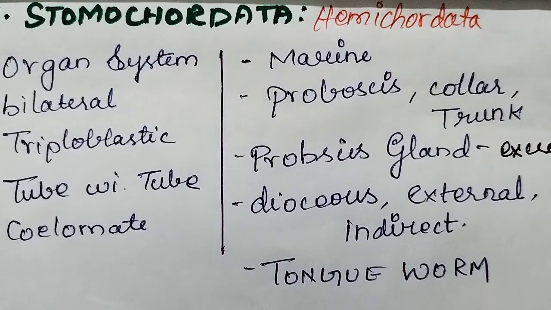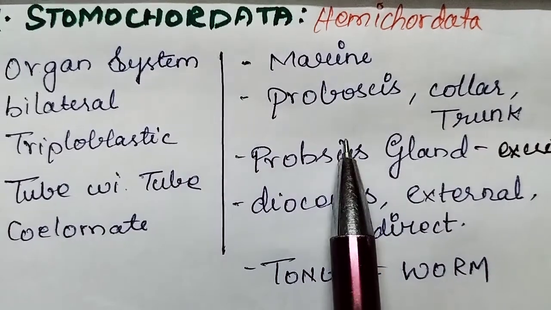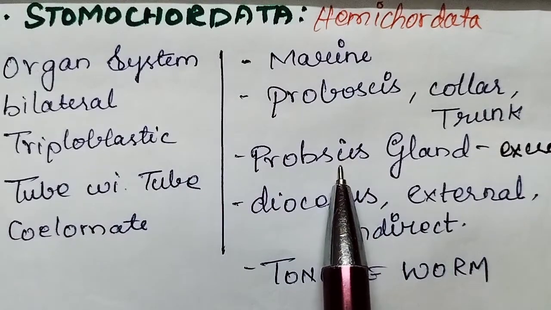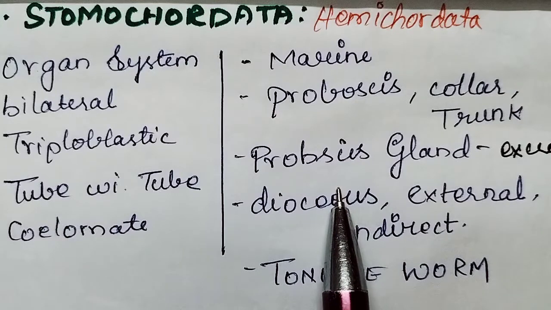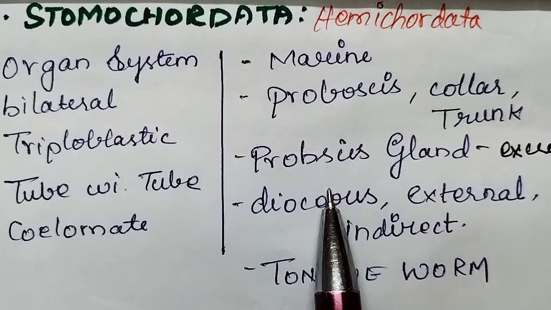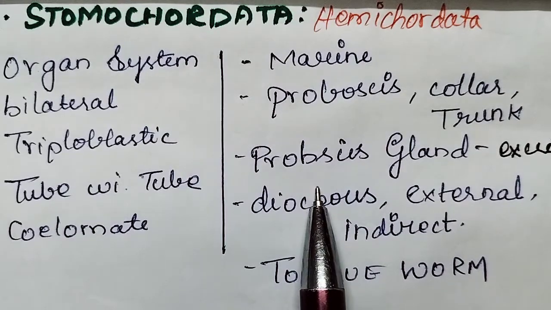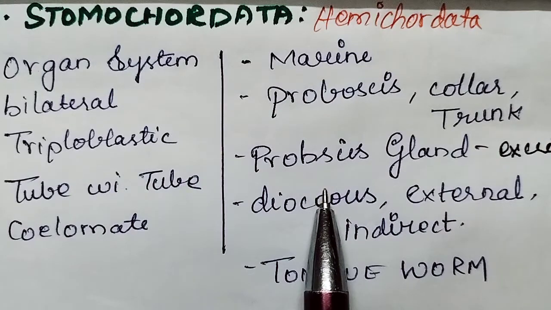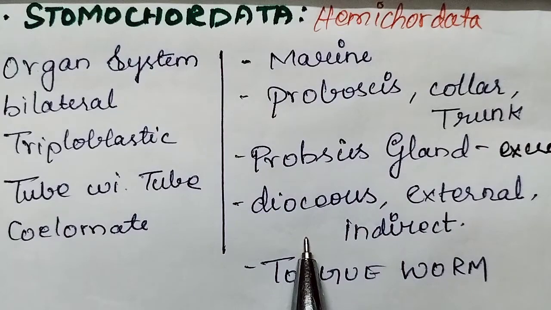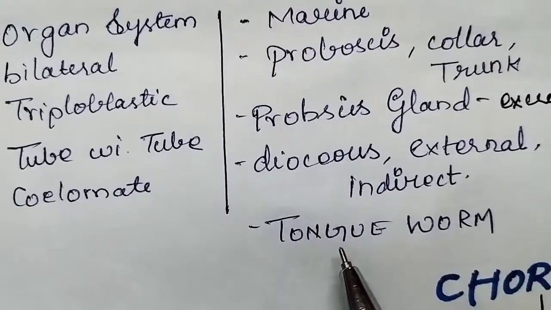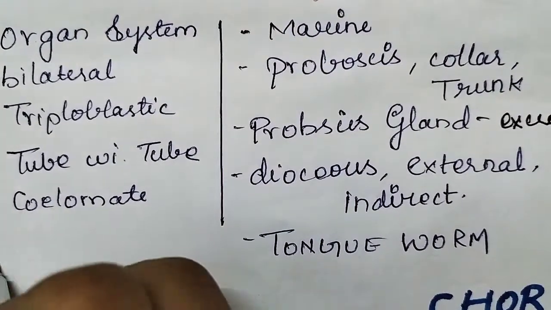They are mostly marine forms, and some years ago they were placed under chordates as a subphylum. Recently they have been changed into a separate phylum because of the presence of the stomochord.